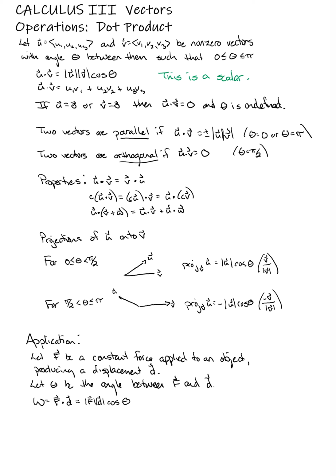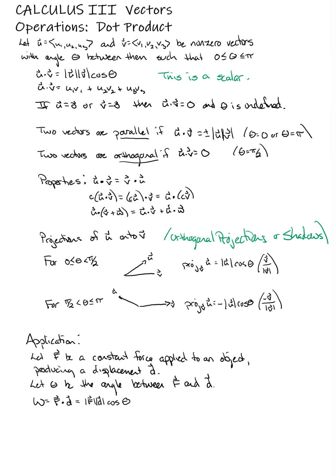Projections of u onto v, we also refer to these as orthogonal projections. And a nice way of thinking of it is thinking of them as shadows. You often hear that word, orthogonal projections or shadows.